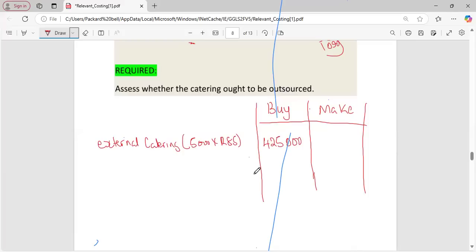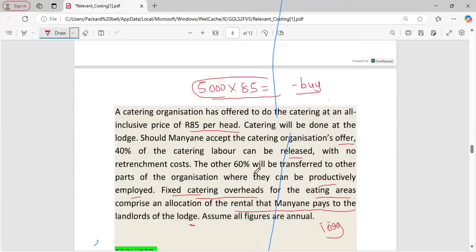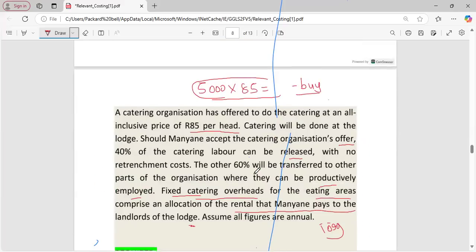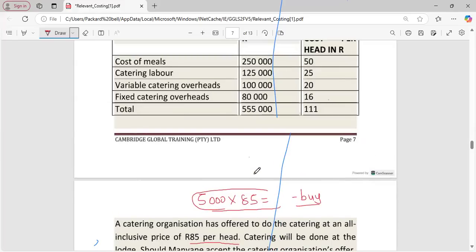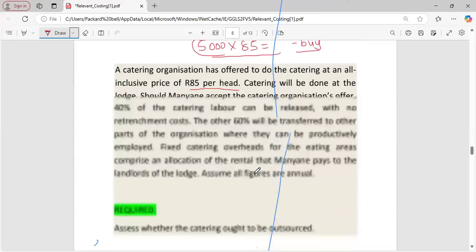Then let's look at if we make, what are the relevant costs of making here? The total cost of the meal is going to be 250,000. That's the cost of the meal.